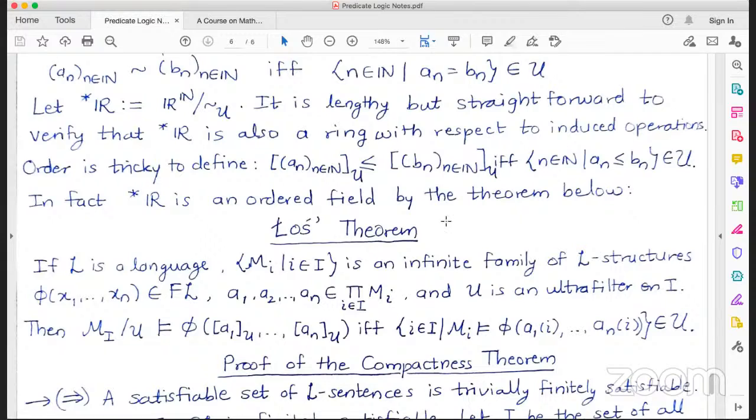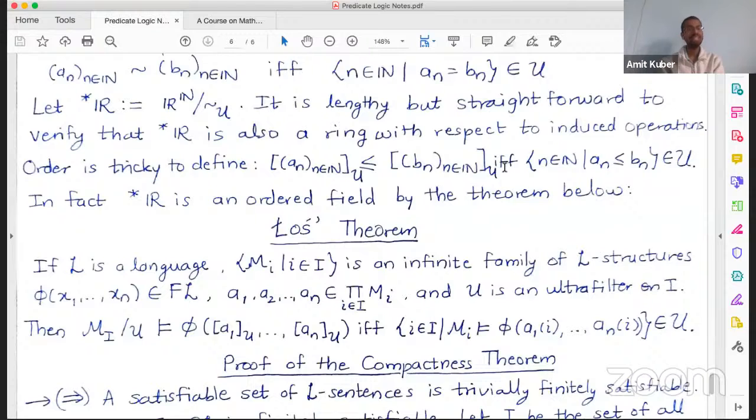So our idea is that the class of an is less than or equal to the class of bn if that relationship is true on a large subset of indices. Now this depends on your choice of U. So this star R, a model of hyperreals, depends on your choice of U. That is why I said it is an average.